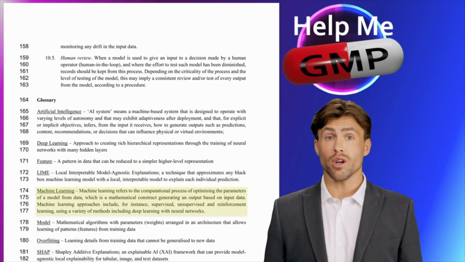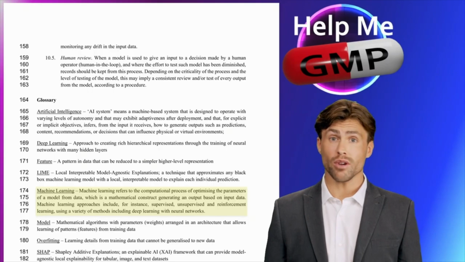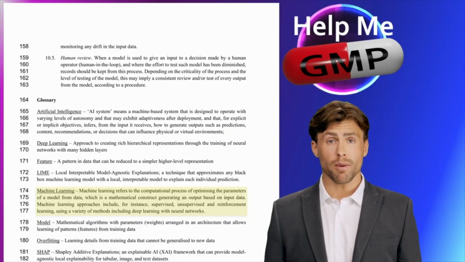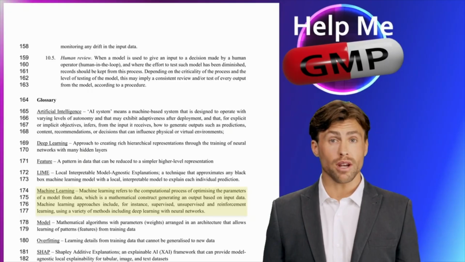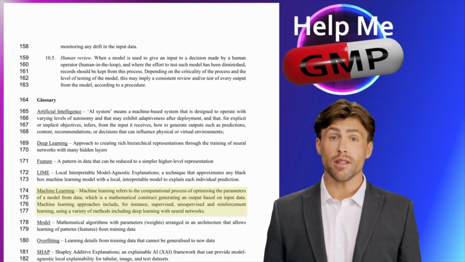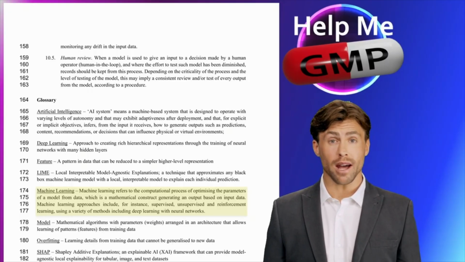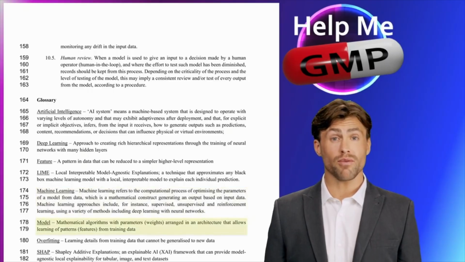Machine learning refers to the computational process of optimizing the parameters of a model from data, which is a mathematical construct generating an output based on input data. Machine learning approaches include, for instance, supervised, unsupervised, and reinforcement learning, using a variety of methods including deep learning with neural networks. Model: mathematical algorithms with parameters arranged in an architecture that allows learning of patterns from training data.